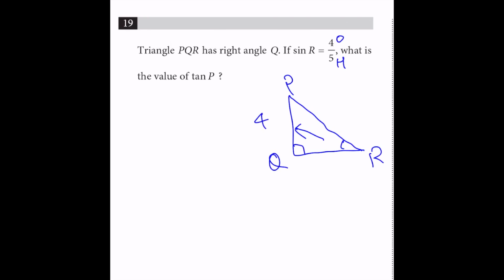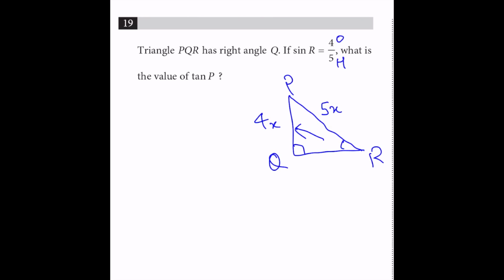So our values are 4x and 5x. The reason I write 4x and 5x here is because we don't know the sides from the ratios. It could be 40 and 50, it could be 8 and 10. So we only know the ratios from the trigonometric values. So I'll just leave it as 4x and 5x.